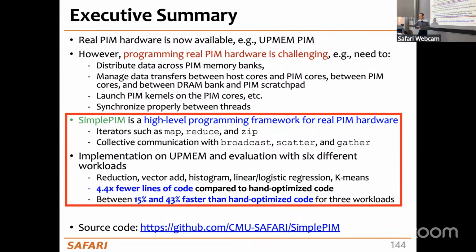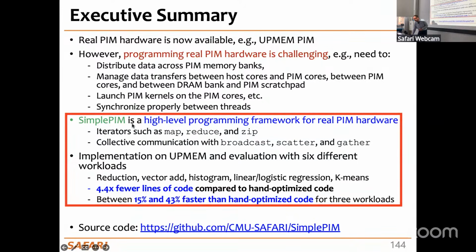So there's a DRAM bank that has data, and then you need to move the data to a near memory processor. That's the way they decided to implement it for practical reasons, various reasons. Not necessarily the best way of implementing a near memory processor, but they did it that way because they were limited in what they could manufacture. And essentially, there's a lot of data movement, data orchestration that you need to do. You need to launch kernels, you need to synchronize properly between threads, and more, essentially. You need to decide how many threads you run, etc.